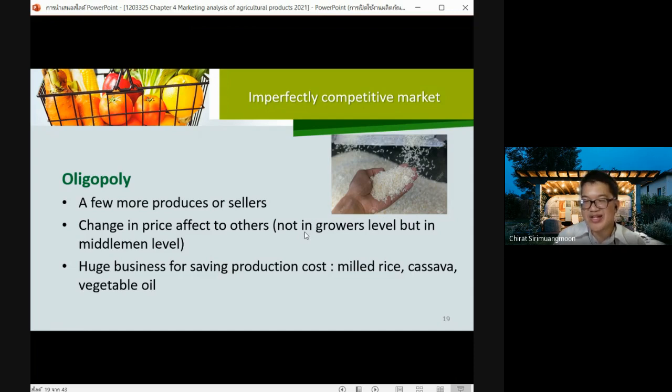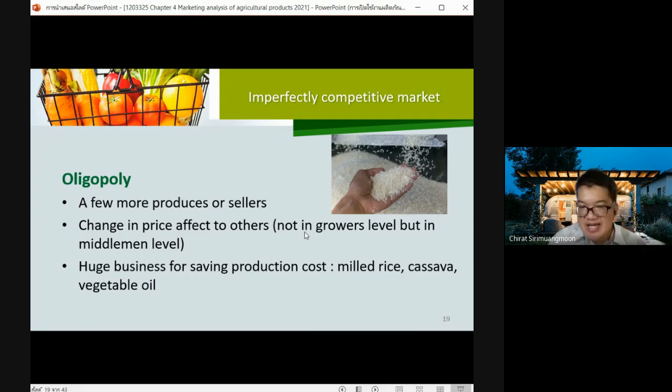So that is the reason why if the price changes, at the grower level it might not change, but it will change at the middle person level. It is a huge business for saving production costs. So in this case, oligopoly also needs mass production, a very huge one, to reduce the cost. Some examples are milled rice, cassava, or vegetable oil.